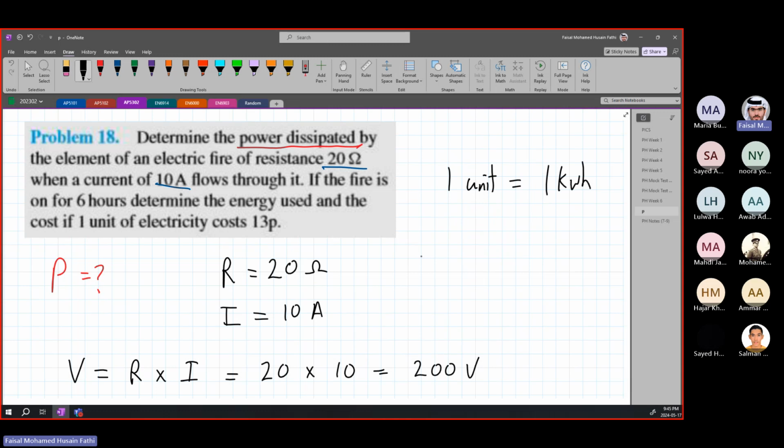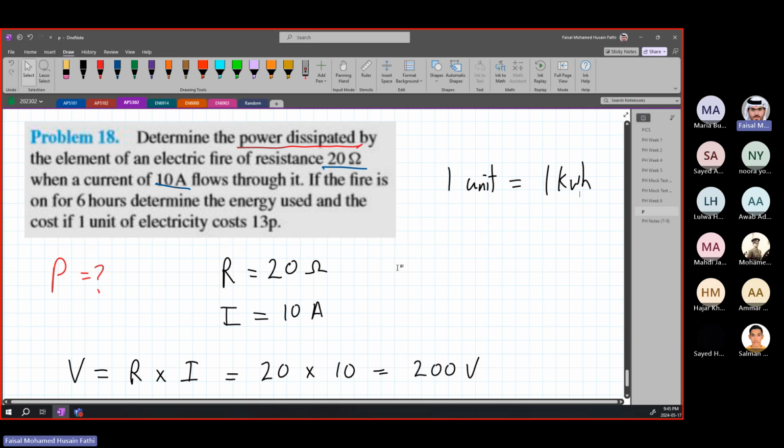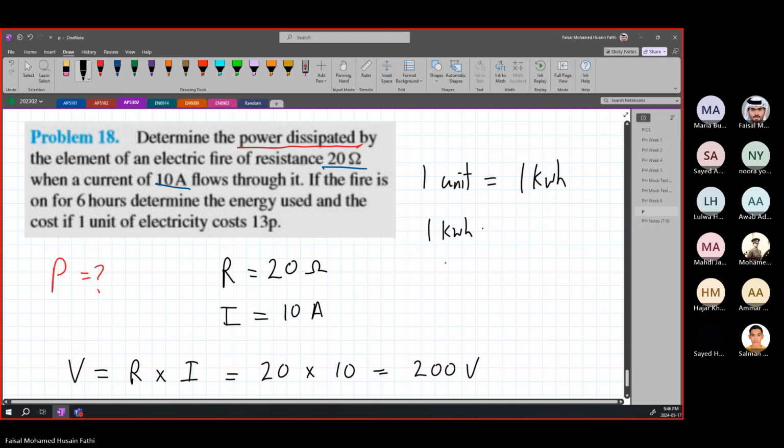This is the standard when it comes to cost and the determination of energy usage. When we're talking about energy usage, usually they write it in kilowatt hours rather than in joules. It's just a standard that has been established a long time ago. So 1 unit is equal to 1 kilowatt hour, which is 13 pennies.